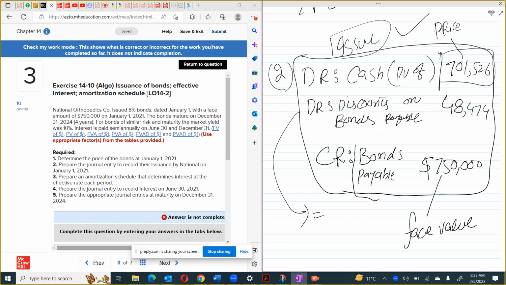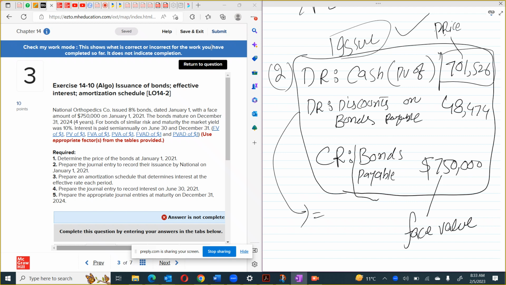So first date we have is the 1st Jan 2021. At 1st Jan 2021, what is the present value? 735,533. And you know that cash interest will be the same every period.